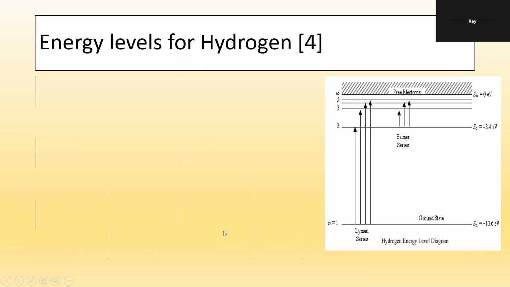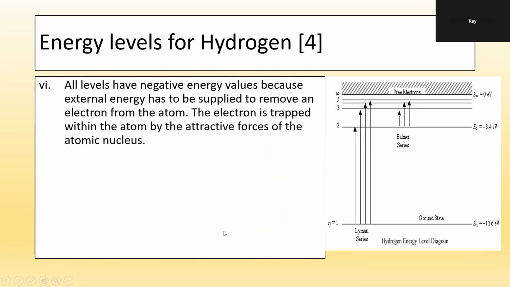All levels are negative values because external energy has to be supplied to remove an electron from an atom. The electron is trapped within the atom by the attractive force of the atomic nucleus. So the nucleus is positive, and the electron is attracted by the positive nucleus. So you need to provide energy for the electron to escape.